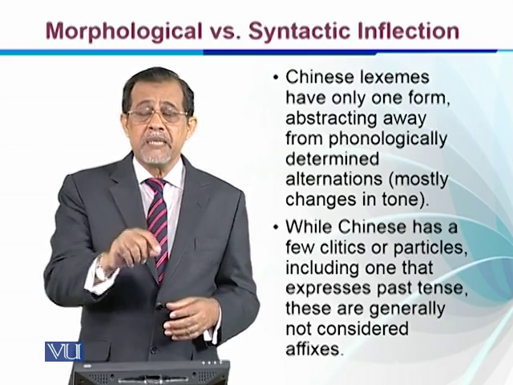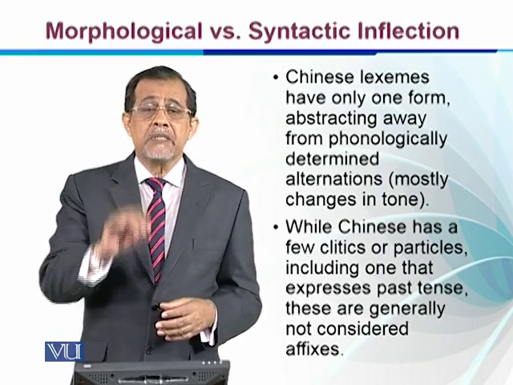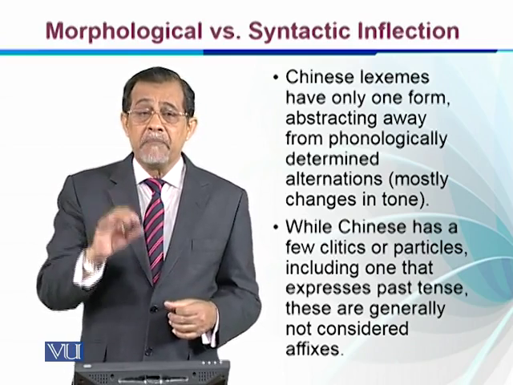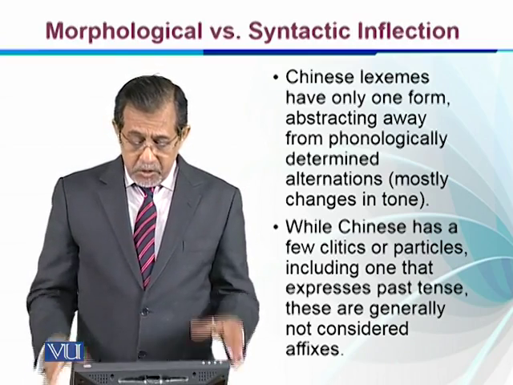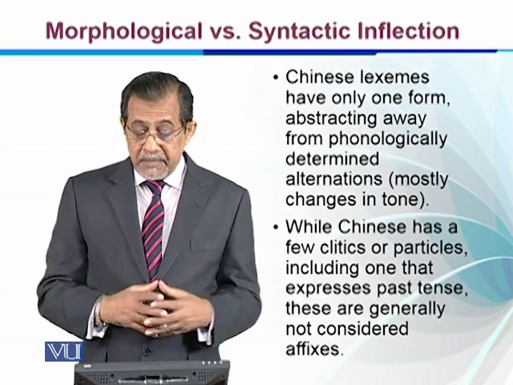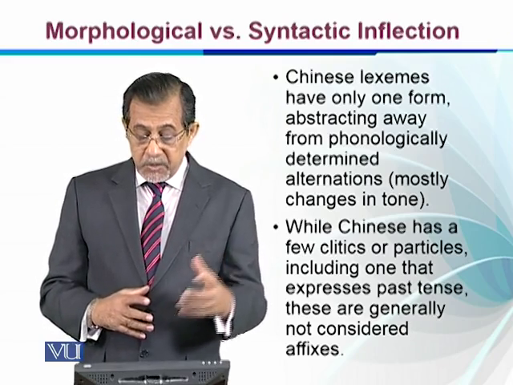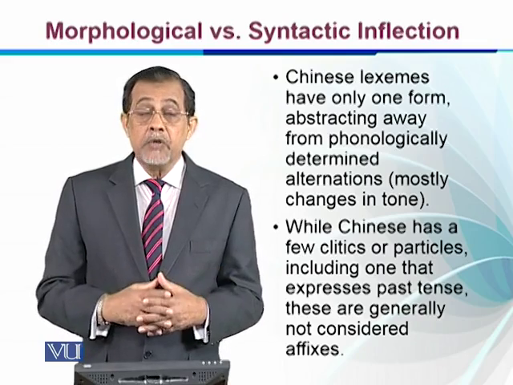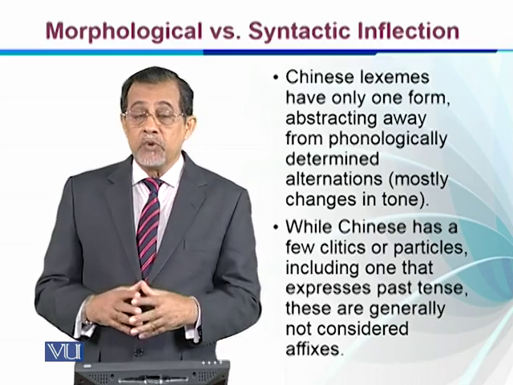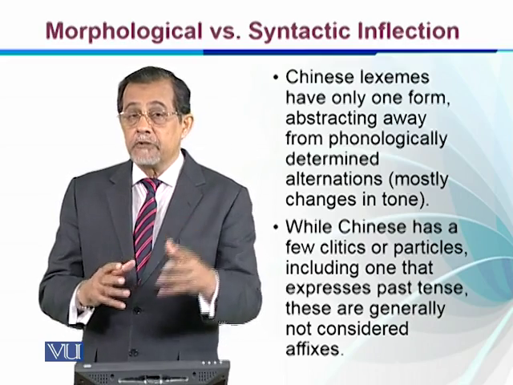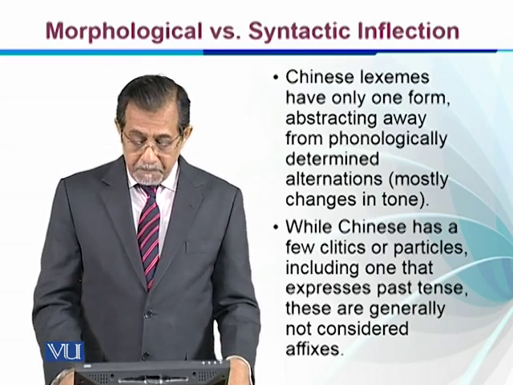For example, if I say 'I'm to go', the 'm' sound, which is the weak form of 'am', is a clitic form in English. While Chinese has a few clitics or particles, including one that expresses past tense, these are generally not considered affixes. So, the particles added to the verb to give the sense of past tense are not considered affixes.